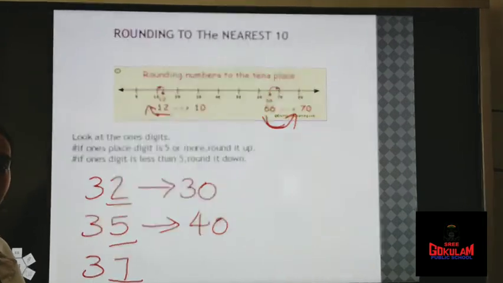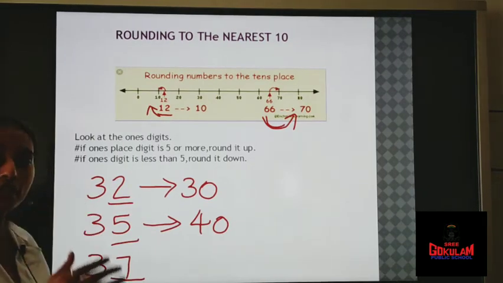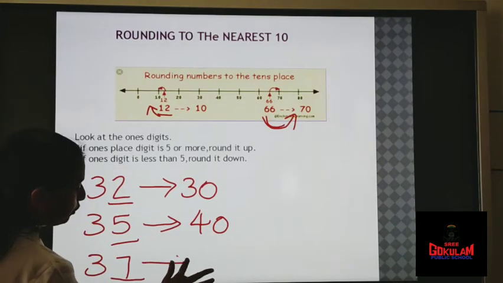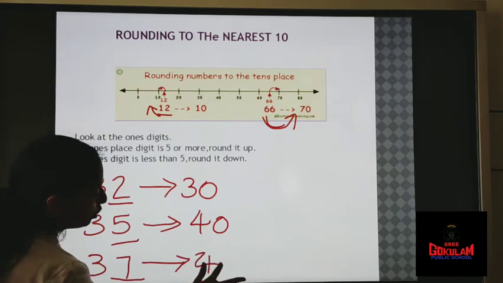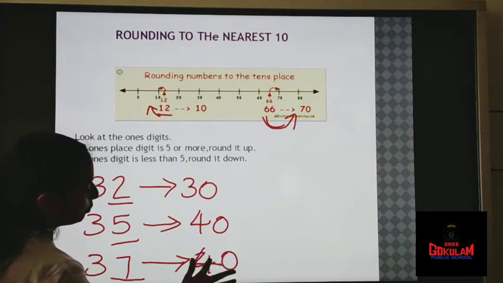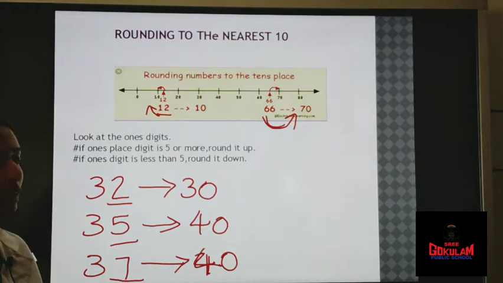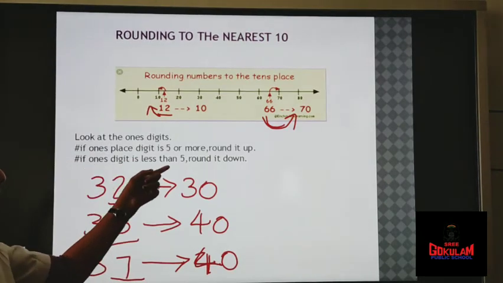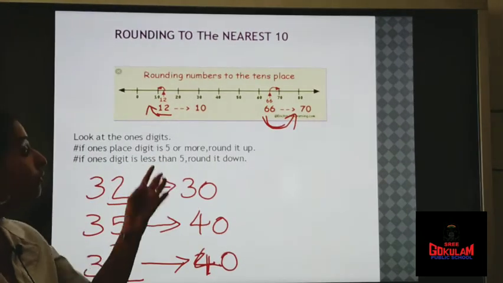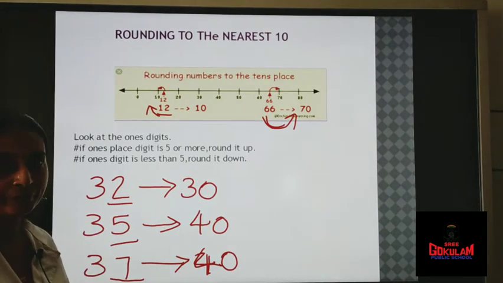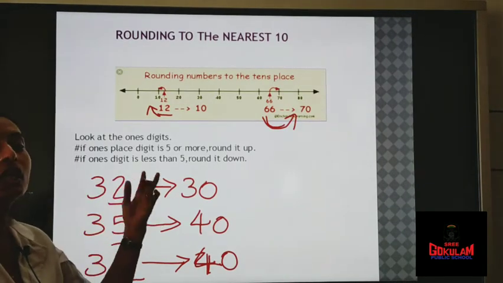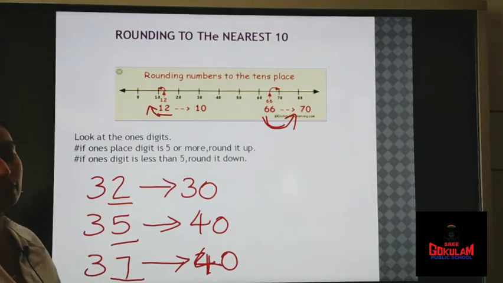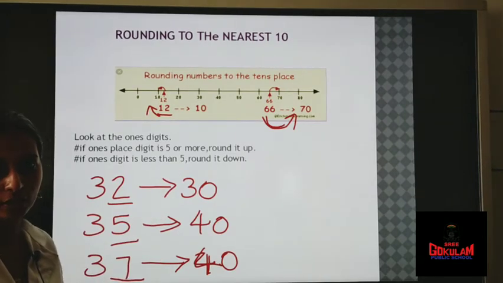It is 7, which is more than 5, so we round to 40. That means if the ones place digit is 5 or more, we round up, and if it is less than 5, we round down.